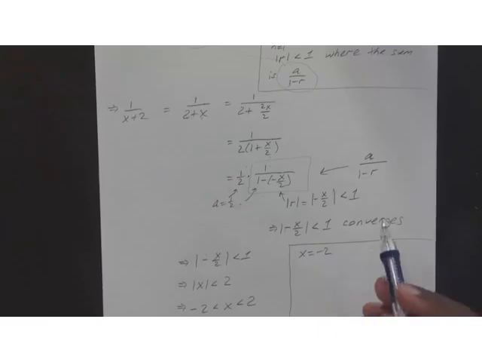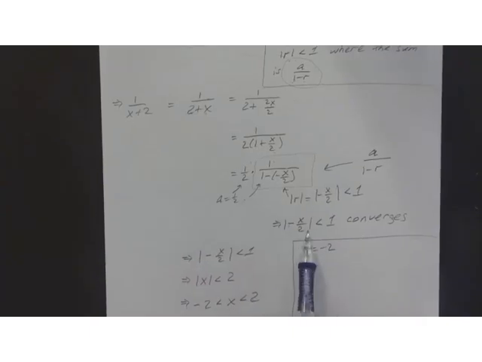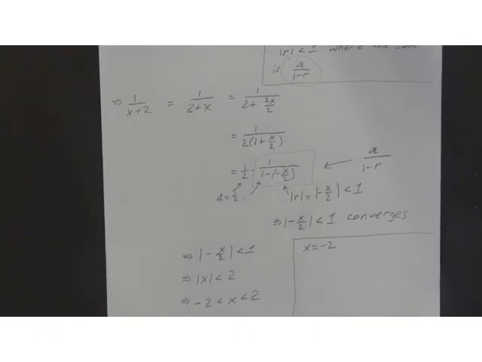Plug that into our -2. So if we plug it into our geometric series, we could actually see where you have -2/2. That absolute value is equal to 1. So remember, when that is equal to 1, it's inconclusive, and you have to use another test.